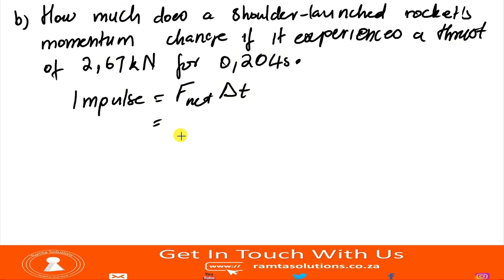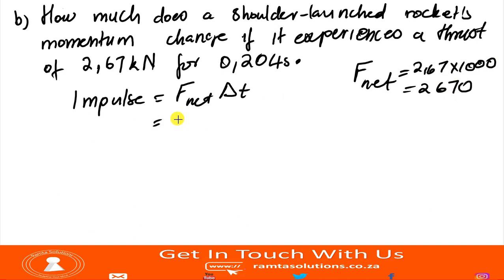If you are not sure, I like writing 2,67 times 10 to the 3. But for those that want to get this, to convert from kilo to Newton, we have to multiply by 1,000. So this will be 2,67 times 1,000. This will be 2,670. So it'll be 2,670 times 0,204. Let's get our answer.